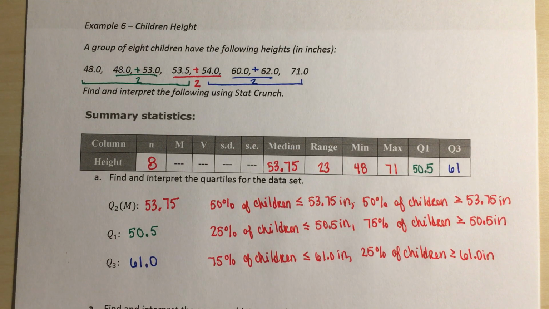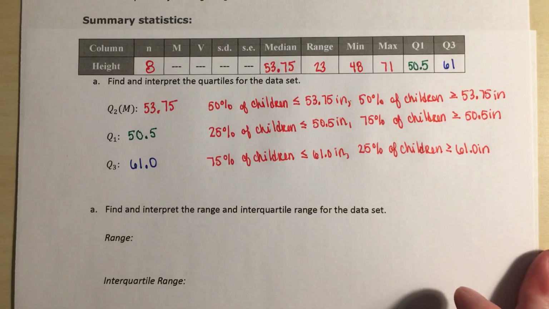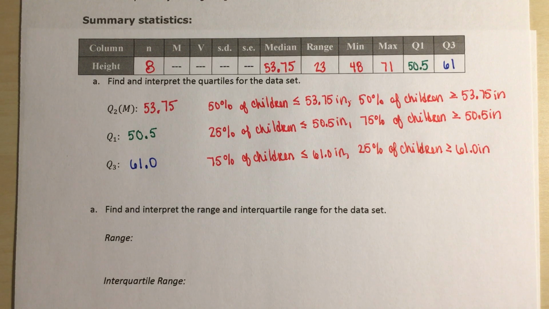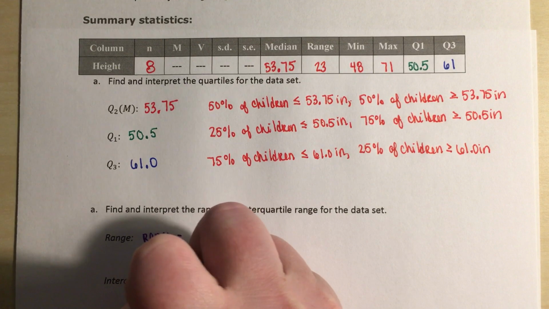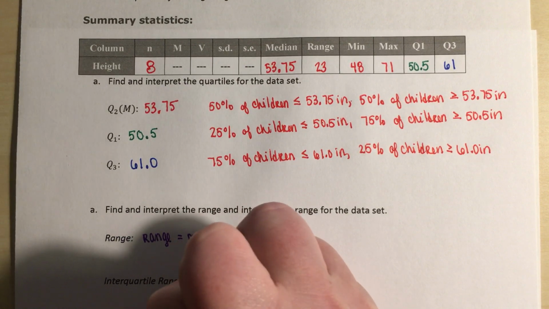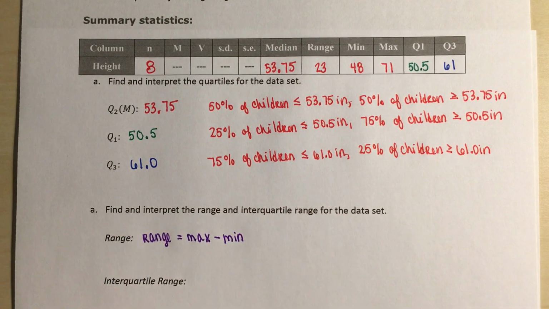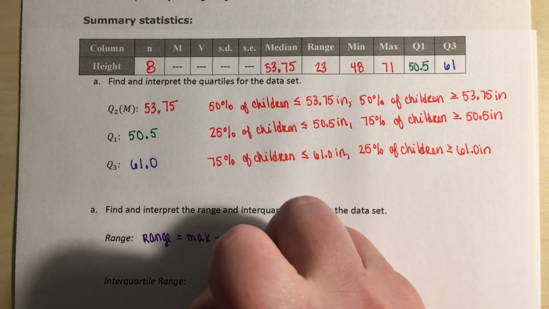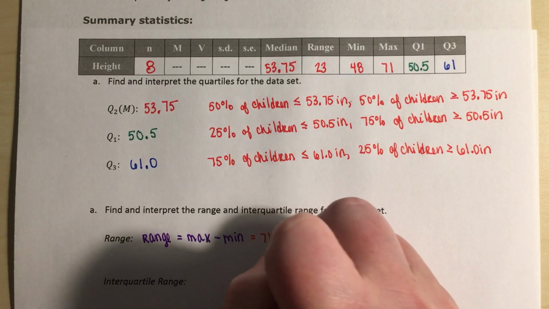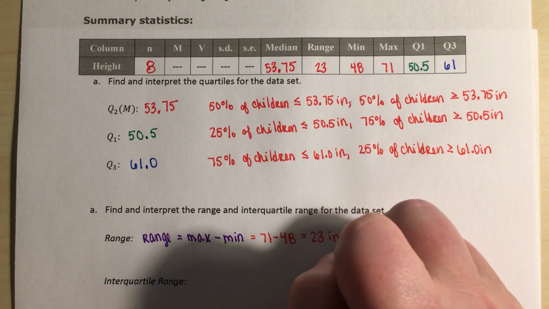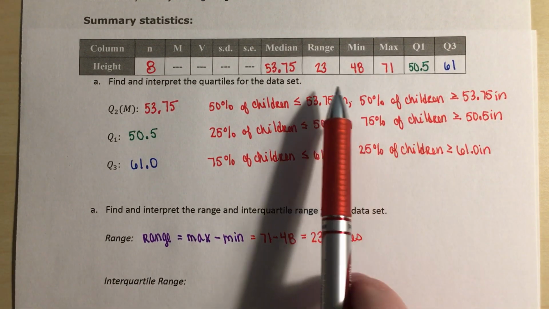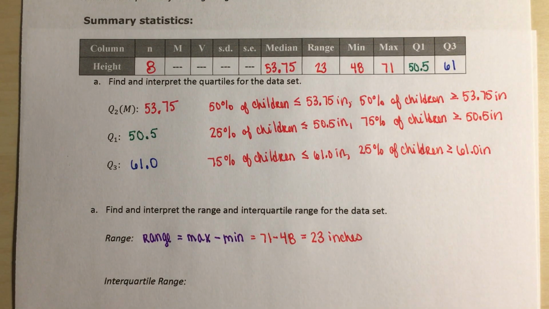All right, now we're asked to find and interpret the range and interquartile range for our data set. Our range has been found for us, but just for completeness sake, we'll go through and calculate this by hand as well. Remember, our range is equal to our maximum value minus our minimum value, which in our case are 71 minus 48, which gives us 23, which we do see as this value up here in our table.